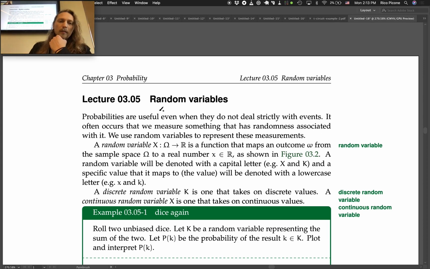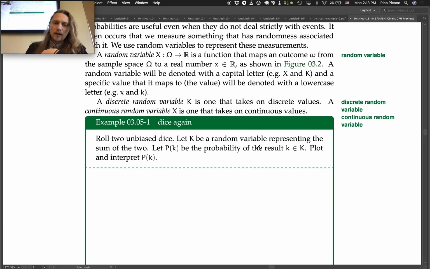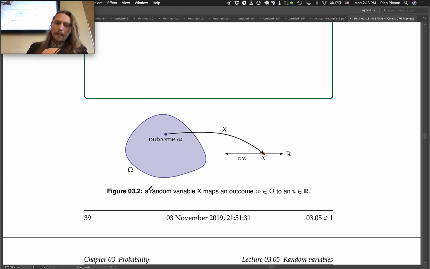A random variable, X, which maps the sample space to a real number, is a function that maps an outcome, omega, from the sample space, Omega, to a real number, x, in the reals, as shown in figure 3.2. So we've got our sample space, there's an outcome, omega.